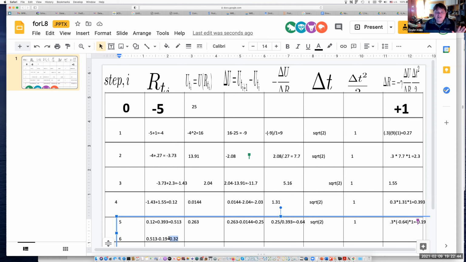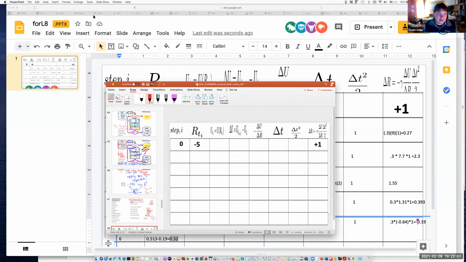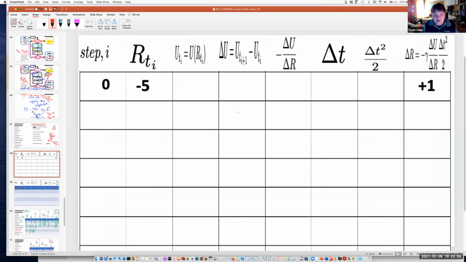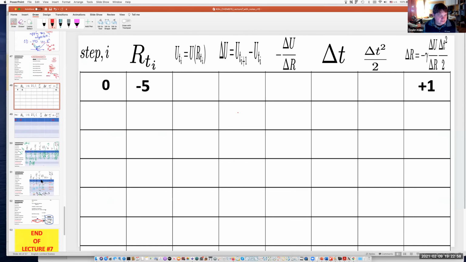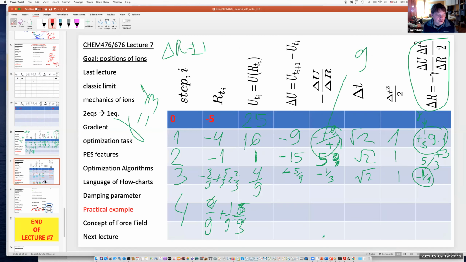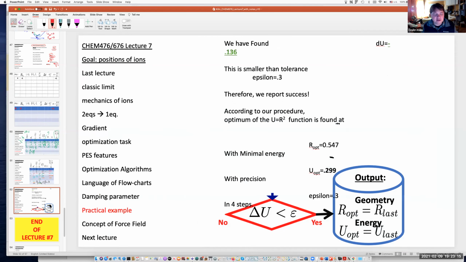This is an oversimplified way of describing potential energy surfaces and optimization algorithms, but it shows as an illustration what is going on. So please try to use the same algorithm with a slightly different initial position and slightly different tolerance limit that I will show. I will send it by email.